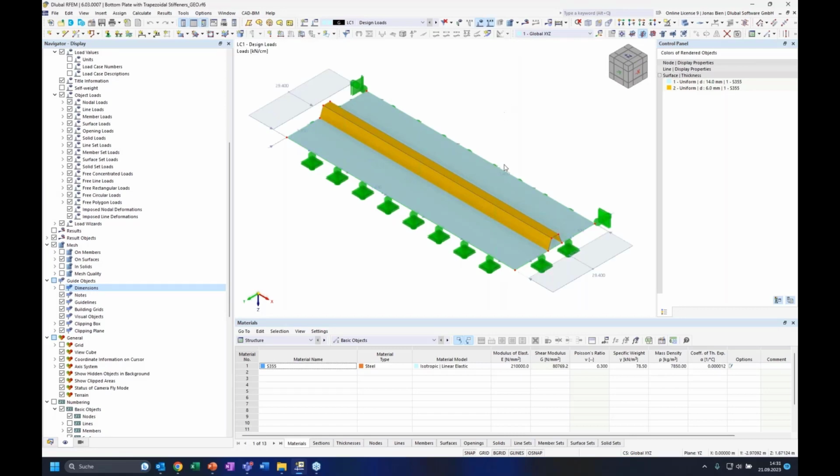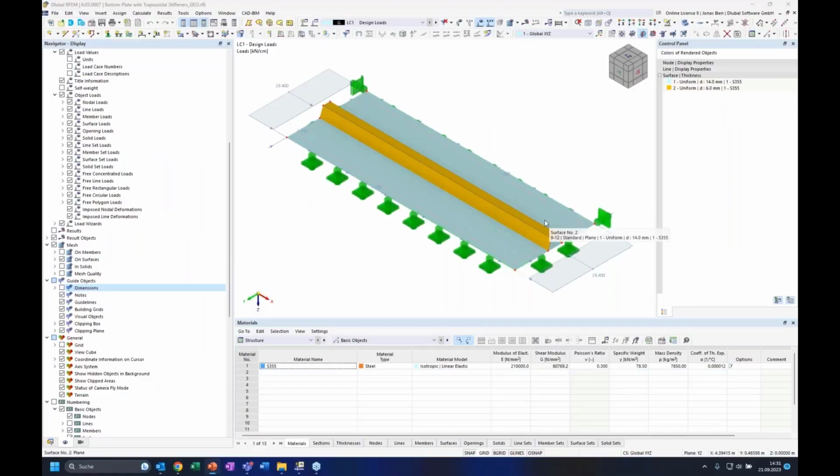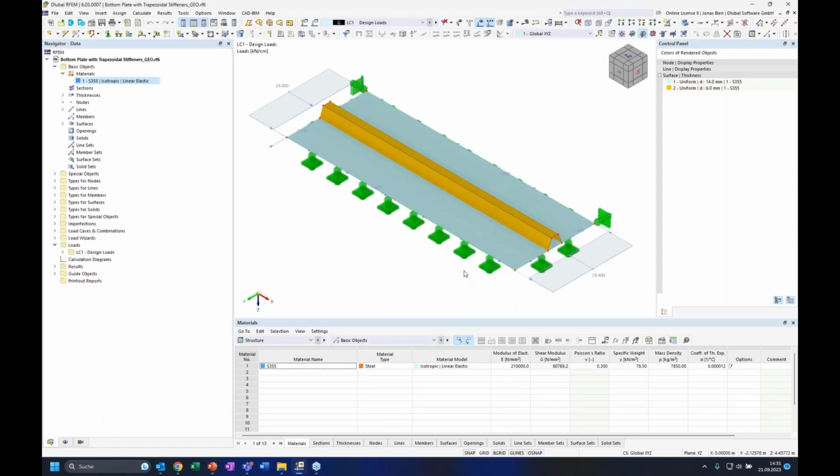In the original slide I showed you, we had stresses that were applied to the boundaries of the plate, but we can't define stresses on lines in RFEM 6, so we have to calculate line loads. This is quite straightforward.